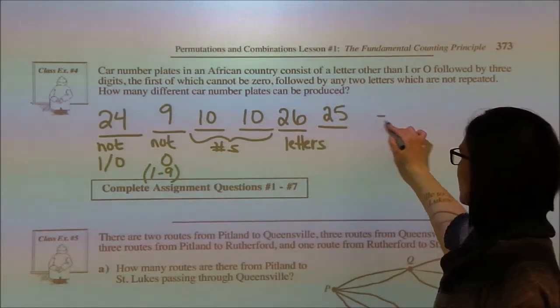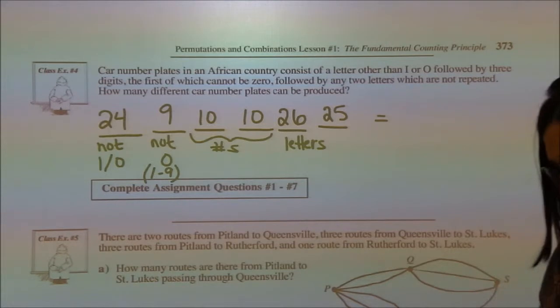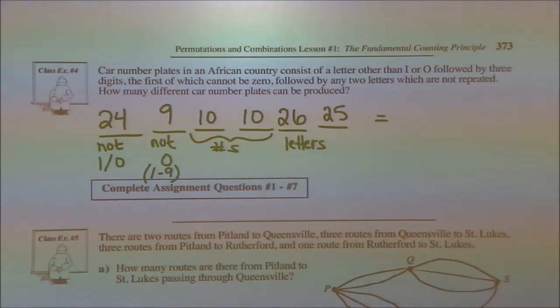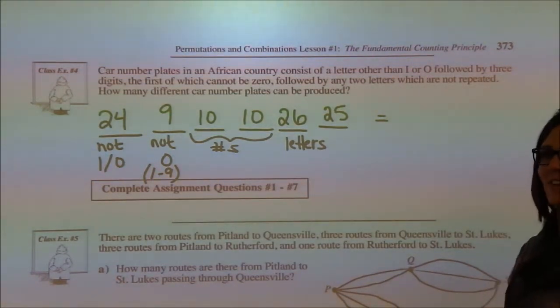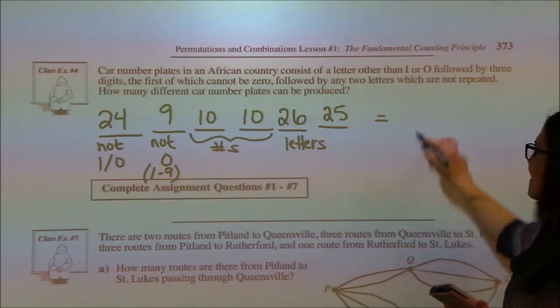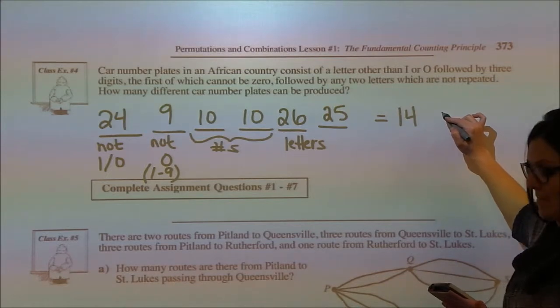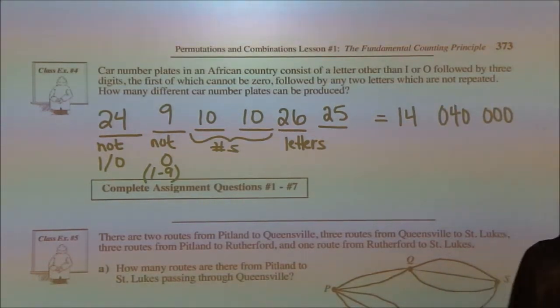So how many car plates could be produced? Who wants to read the number? 14,040,000. Good. Getting there. I know calculators don't put it into threes for us very nicely.